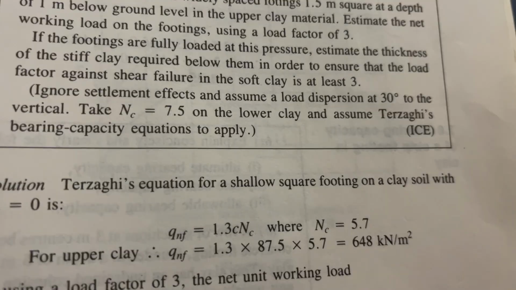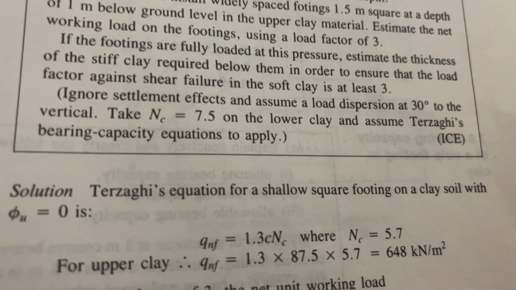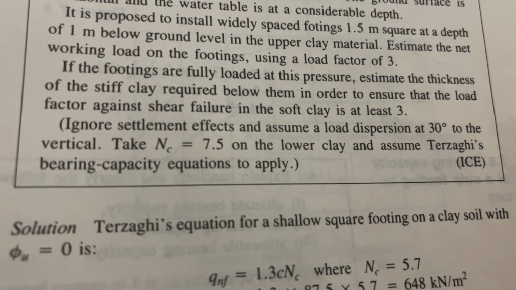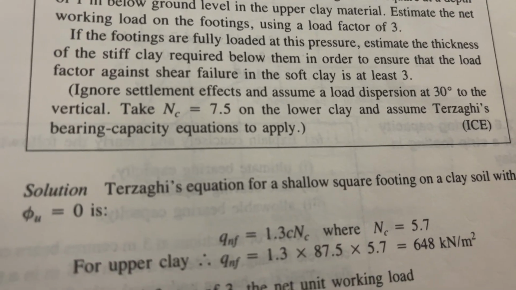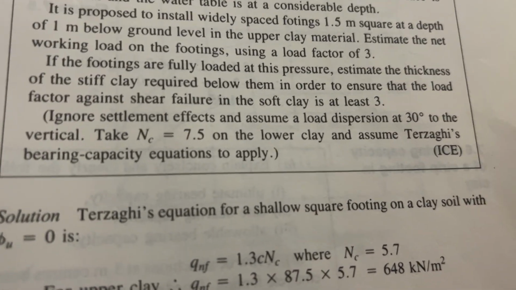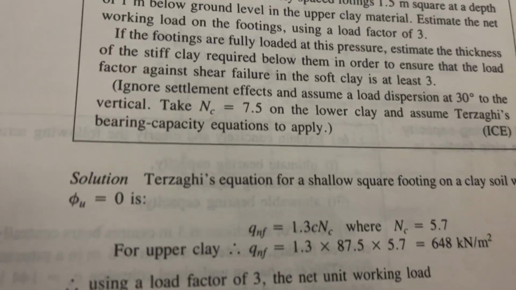Ignore settlement effects and assume a load dispersal at 30 degrees to the vertical. Usually I would say 45, so I don't know why I got 30. Take NC equals 7.5 on the lower clay and assume Terzaghi's bearing capacity equations apply.